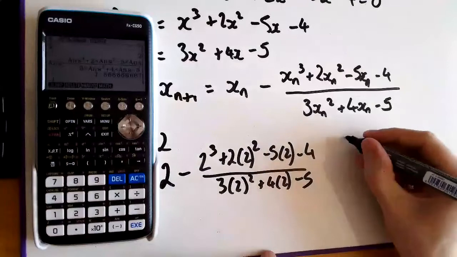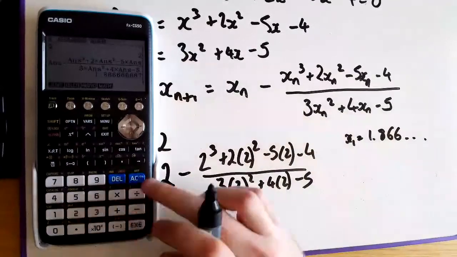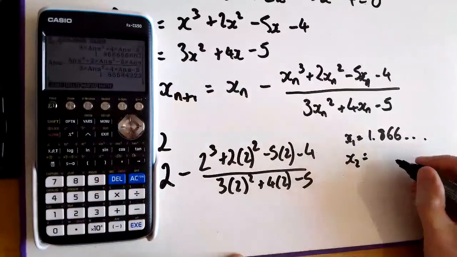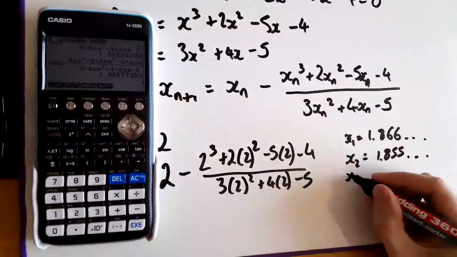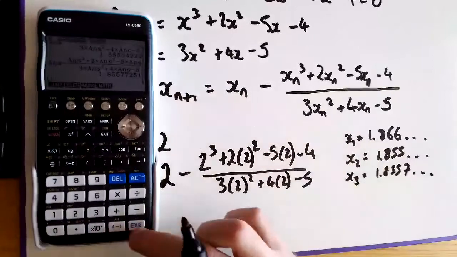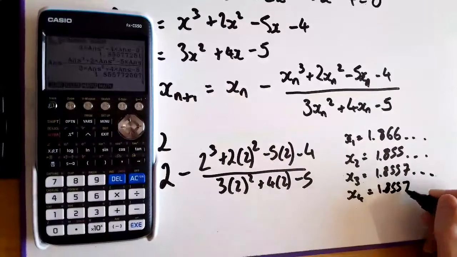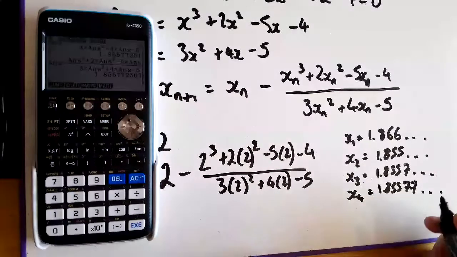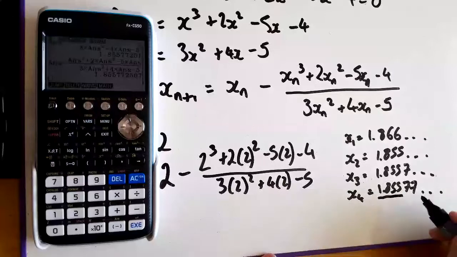So my next one would be, let's just put that there for a second so you can see it. x1 would be 1.8666. I press equals again, the next one, x2 would be 1.855, etc. Press it again, x3 would be 1.8557, etc. Then x4 would be 1.85577, etc. So you can see that it looks like the answer all begins with 1.855, then 7.